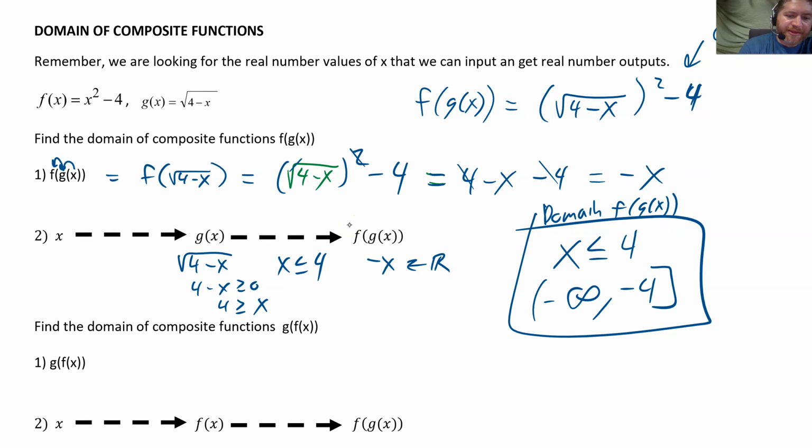Now, if we take something that doesn't work, so anything greater than 4, like 5, it first has to go into g. If I try to plug that into g, I get the square root of negative 1, which is not real. It doesn't work. So we can't even continue. So even though this cancels, you can't just look at the final function f composed of g of x and decide that's the domain. You have to follow the x through its path of all of these different functions.